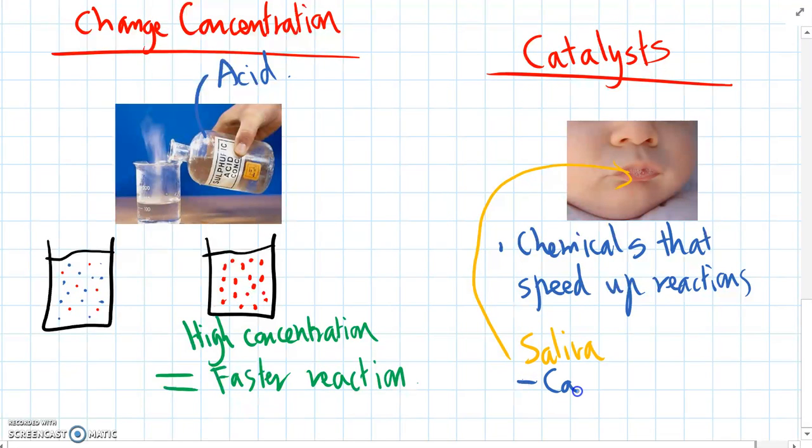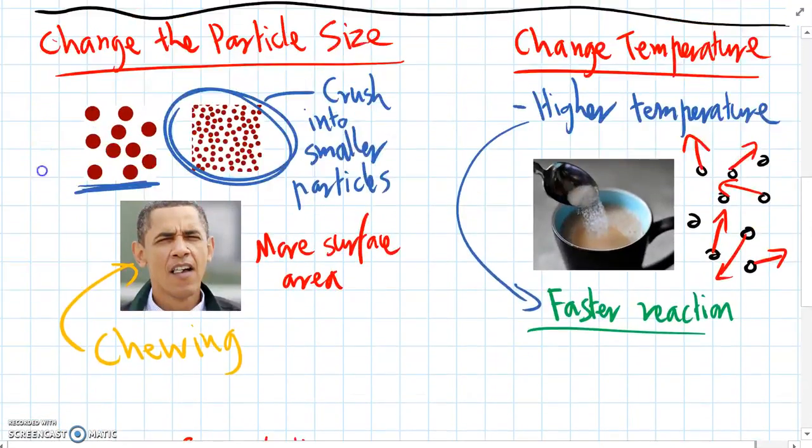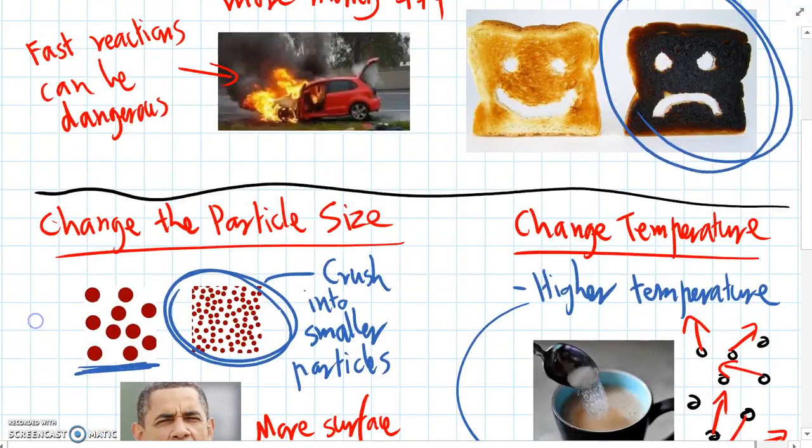So we have catalysts in our saliva that break down foods into sugar. So these are the four main ways that we can speed up or slow down chemical reactions.